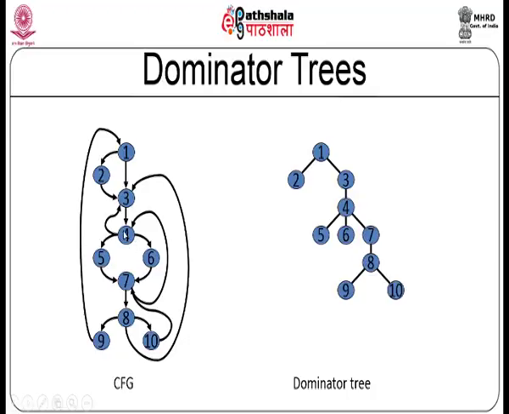This is a natural loop. These edges are called back edges. The one that goes from 9 to 1, the one that goes from 7 to 4. These are called back edges.